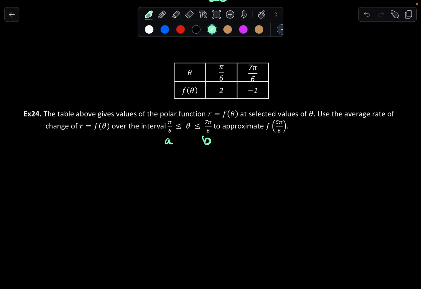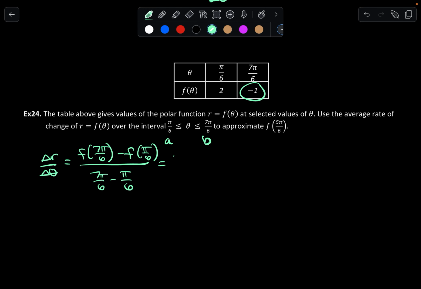So to find the average rate of change, we'll have delta R over delta theta is equal to f of 7 pi over 6 minus f of pi over 6, divided by 7 pi over 6 minus pi over 6. F of 7 pi over 6 is going to be -1.